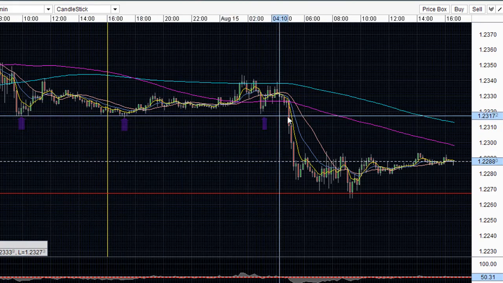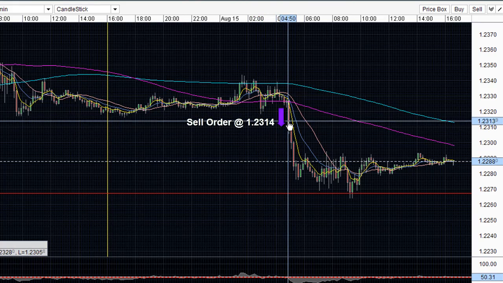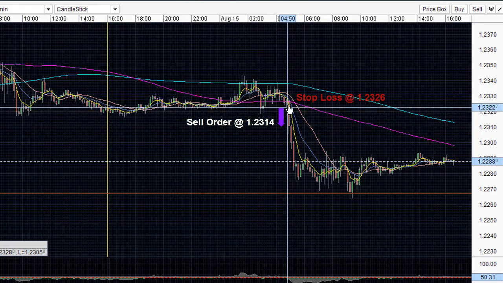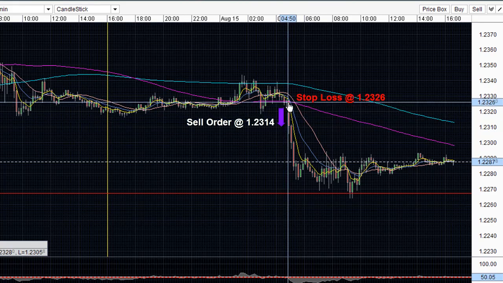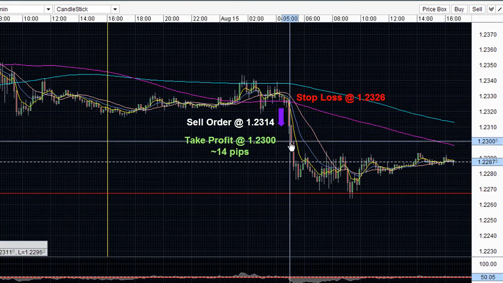So I would have set up a sell limit order a few pips below this support at around 23.14. I would have set my stop loss at around 23.26. Then I would have held on to this trade and taken my profit when price reached the 23.00 psychological level, for about 14 pips.